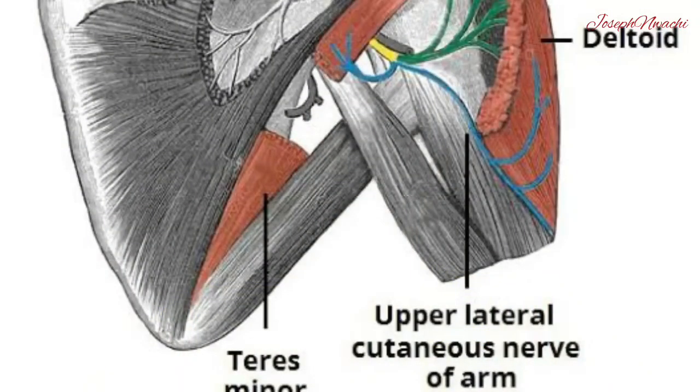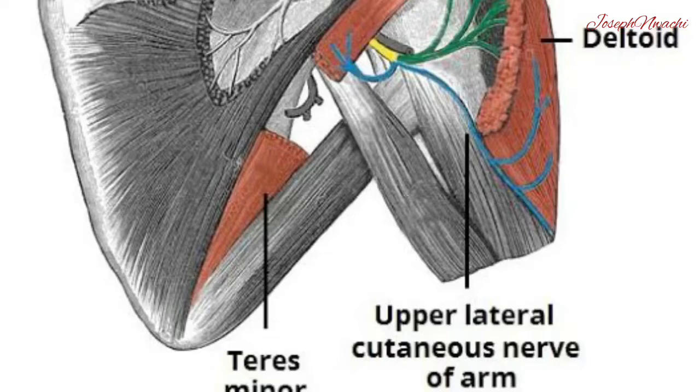For the sensory function of the axillary nerve, the posterior terminal branch, after innervating the teres minor muscle, continues as the upper lateral cutaneous nerve of the arm.